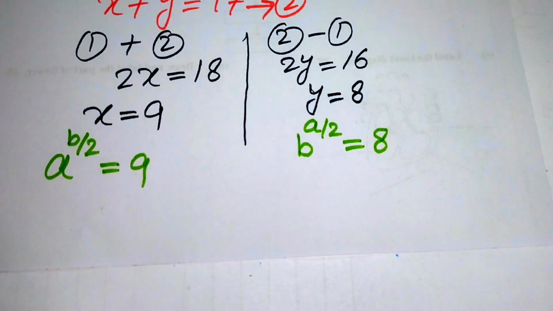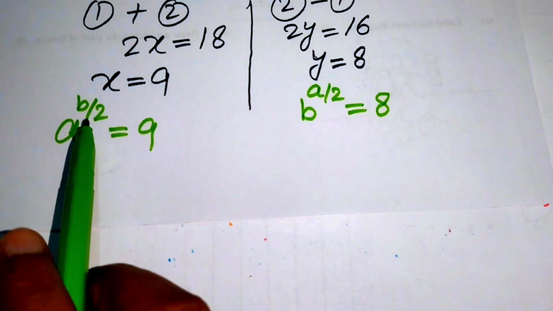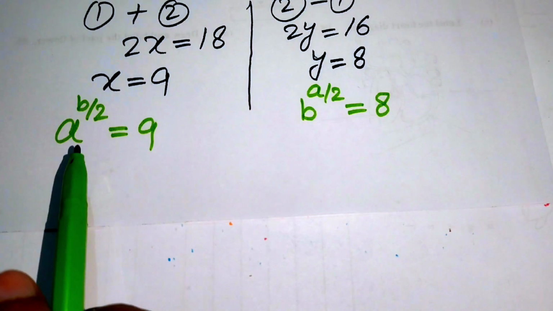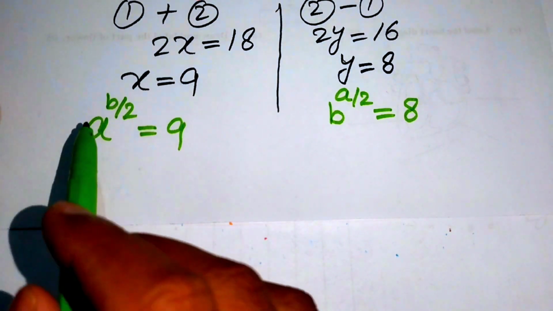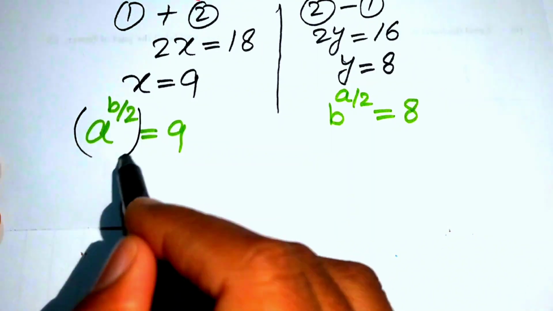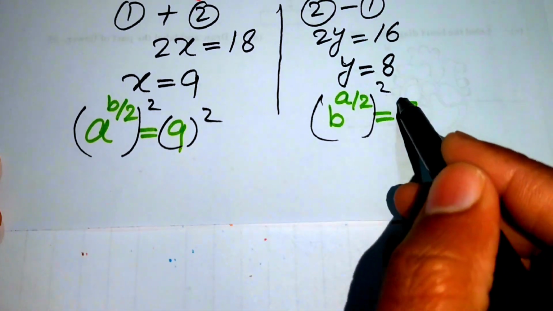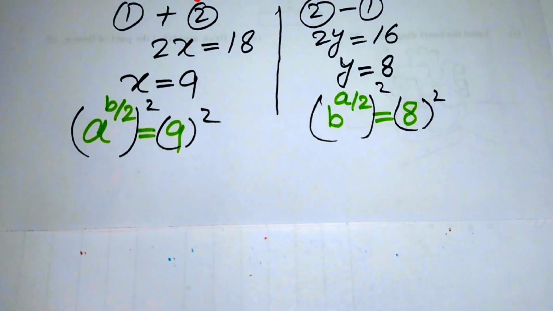Now, in order to remove this 1 over 2, we need to take the square on both sides, on both of these cases. So we take the square on these two terms and the square on these two terms.